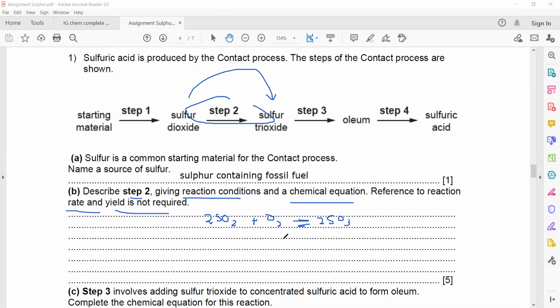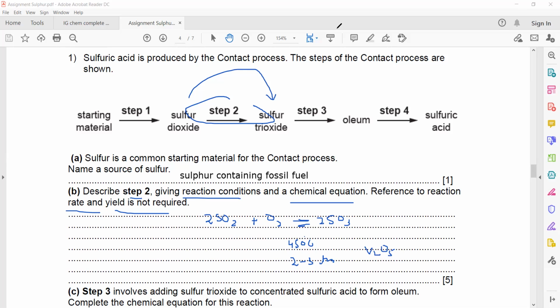Then you can mention a reaction condition around 450 degrees centigrade, around 2 to 3 atm, the pressure, and V2O5 as a catalyst. So these are the things which you have to mention.